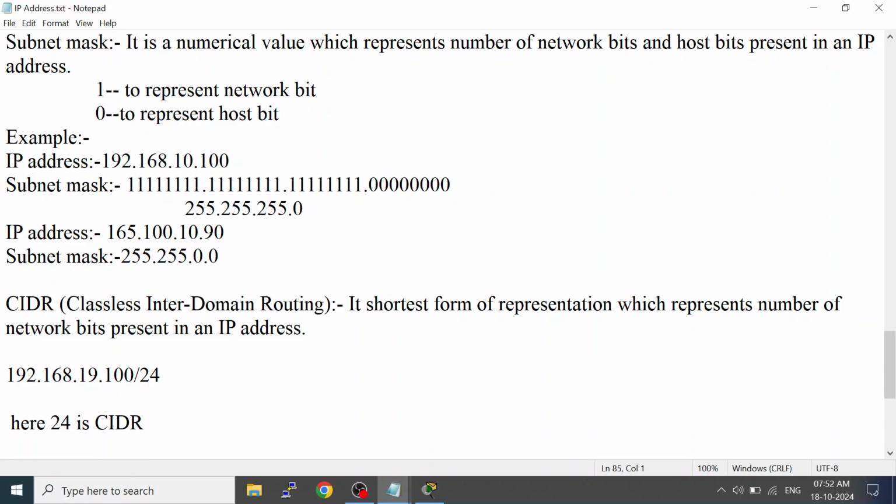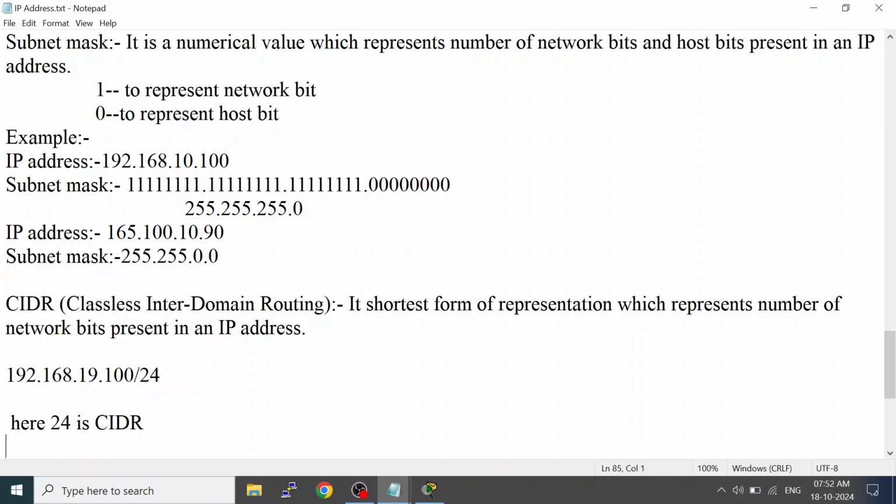Now coming to the next, that is subnet mask. Why are we using subnet mask? Because we are using subnetting also. That is the reason we need subnet mask, else it is not required. Our devices get confused about how many bits are network and how many bits are host.